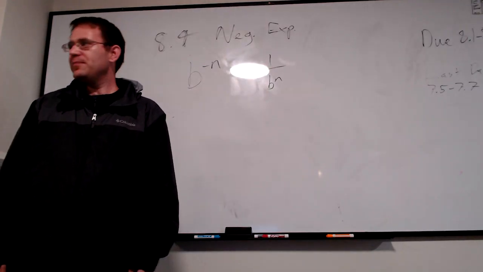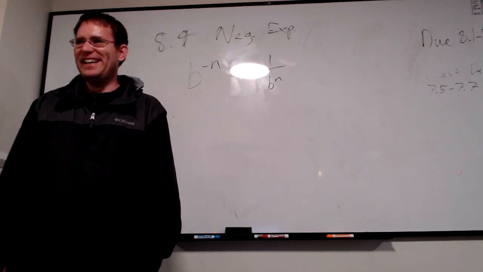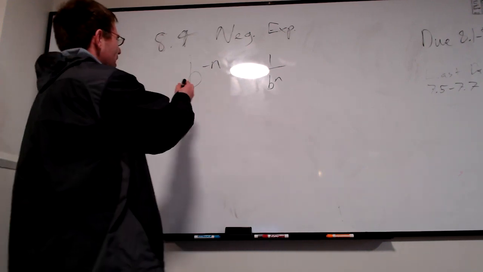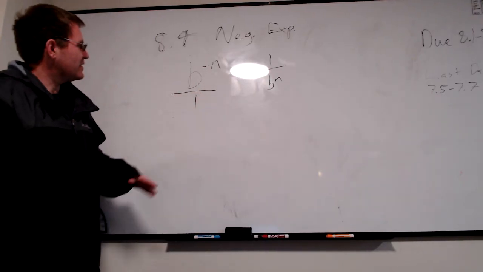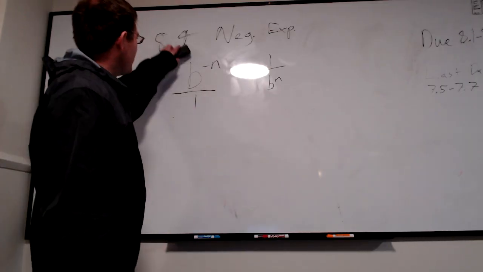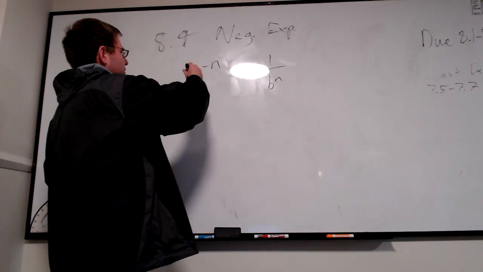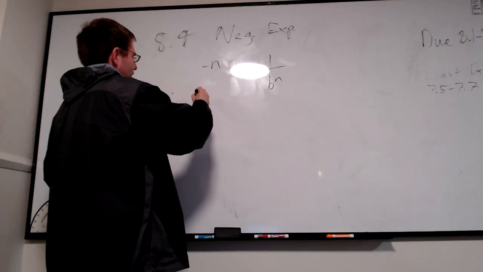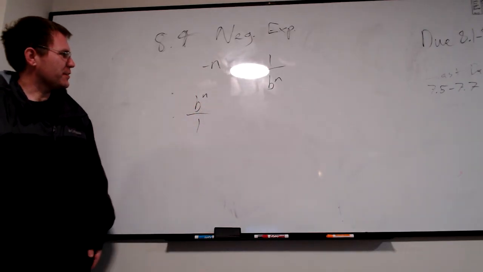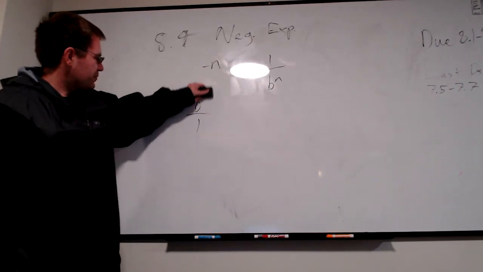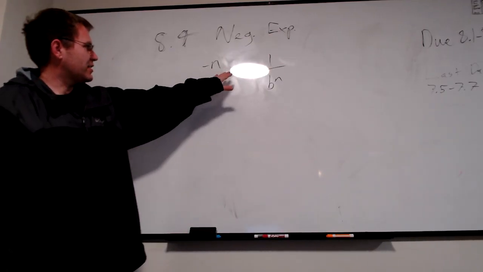It's called reciprocal. I like to think of it as just flipping the number. Instead of having b to the n over 1, we're flipping. So that's where the flipping comes in. That's the first big idea in this section.